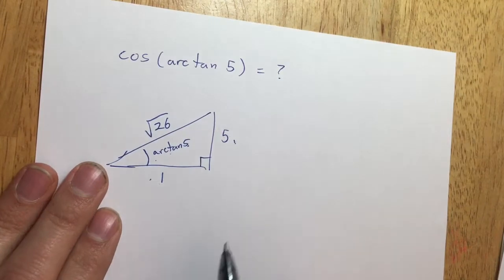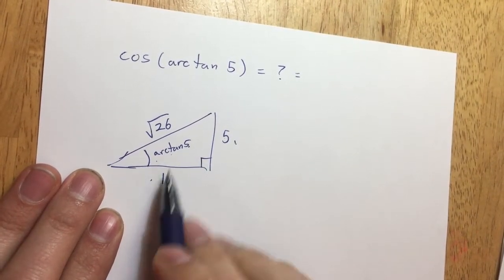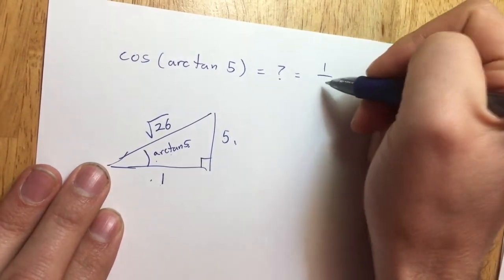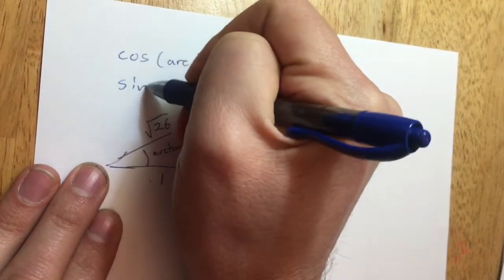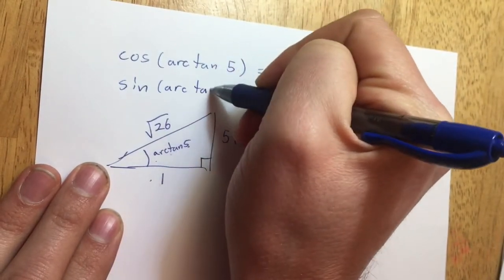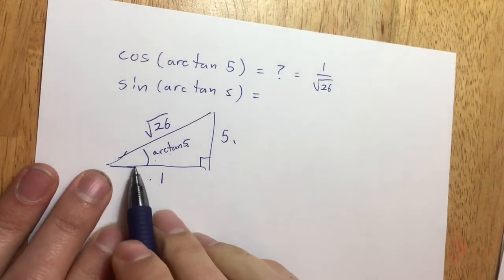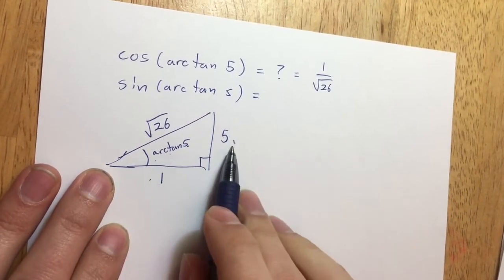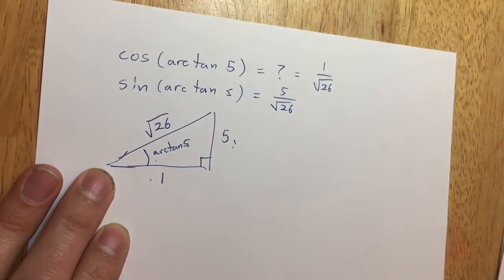If this angle is arctan 5, and these sides are these lengths, then this must be root 26. That tells me how to compute cosine, because cosine is adjacent over hypotenuse, so this is 1 over root 26. It also tells me how to get sine of arctan of 5, because sine of arctan 5 is opposite over hypotenuse. That's 5 over root 26.